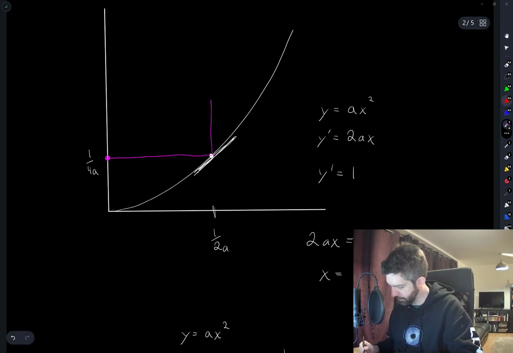Okay, I think I've derived this for a parabola in this standard form.